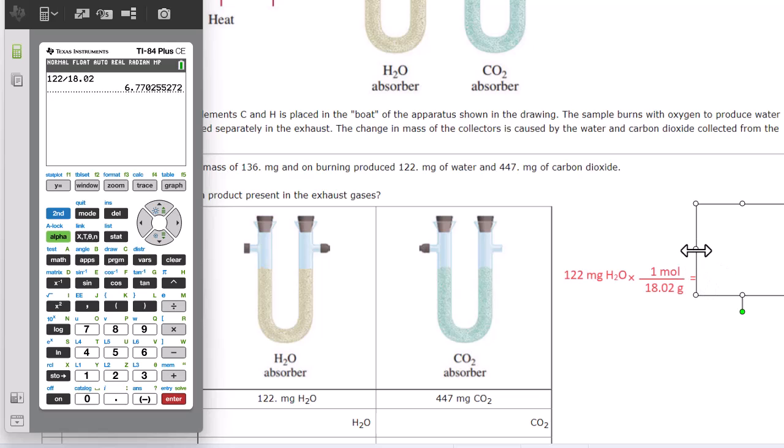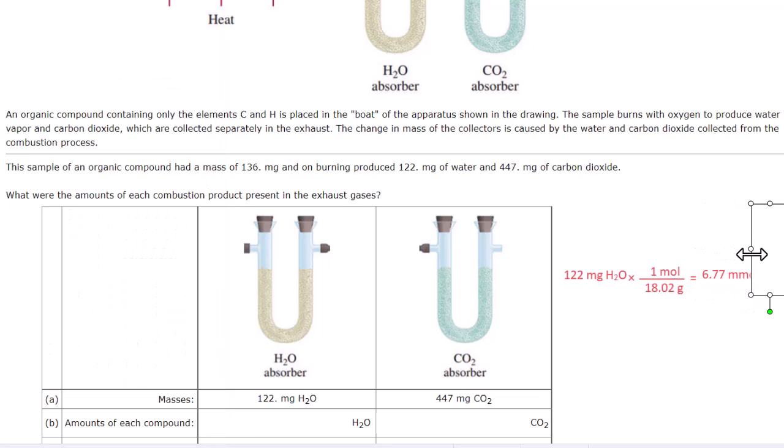So we have, as an answer, millimoles, thousandths of a mole, 6.77. And again, if we would have had our regular numbers, we would have 0.006, which would have been a pain in the neck to write, and writing 6.77 millimoles is a lot easier.